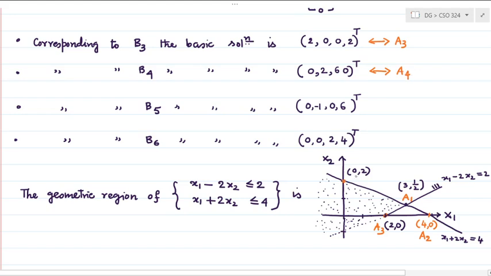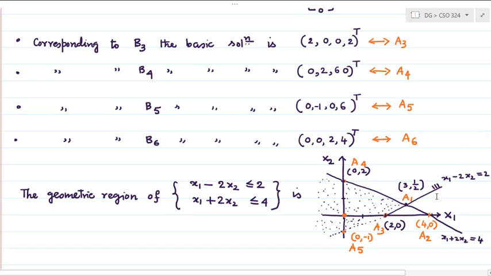Then a5 is 0 minus 1, this point 0 minus 1 is a5, and a6 is 0 0, this point a6. So these are your basic solutions.